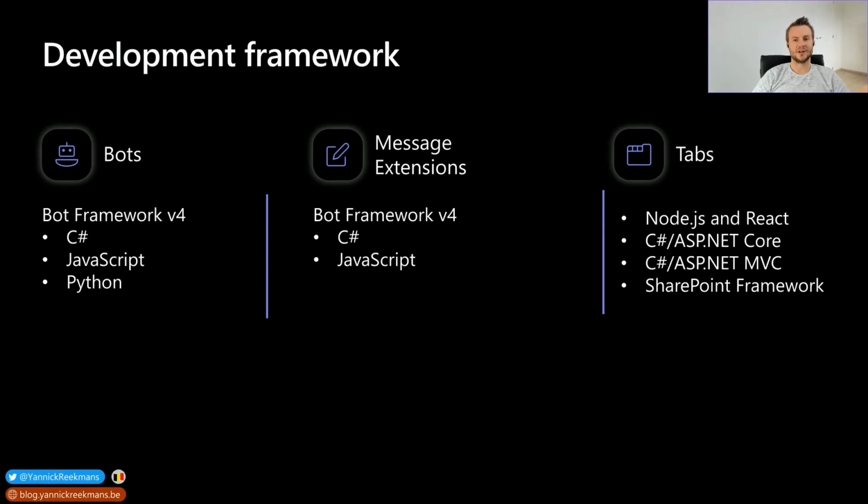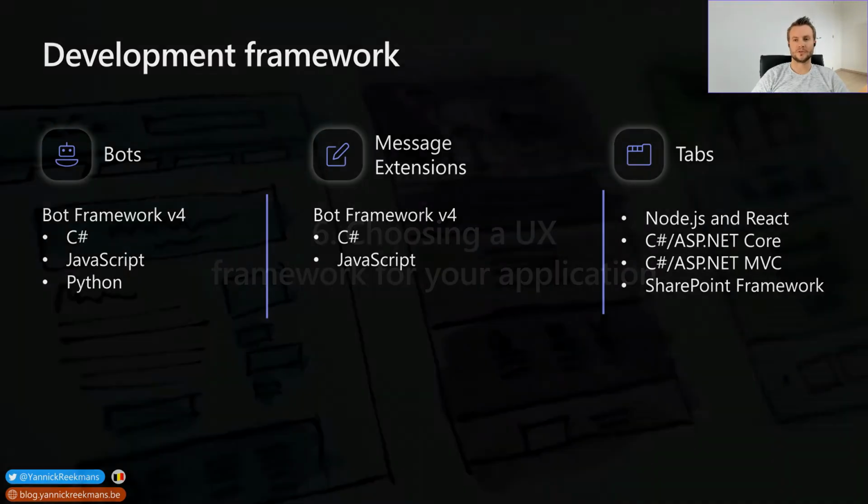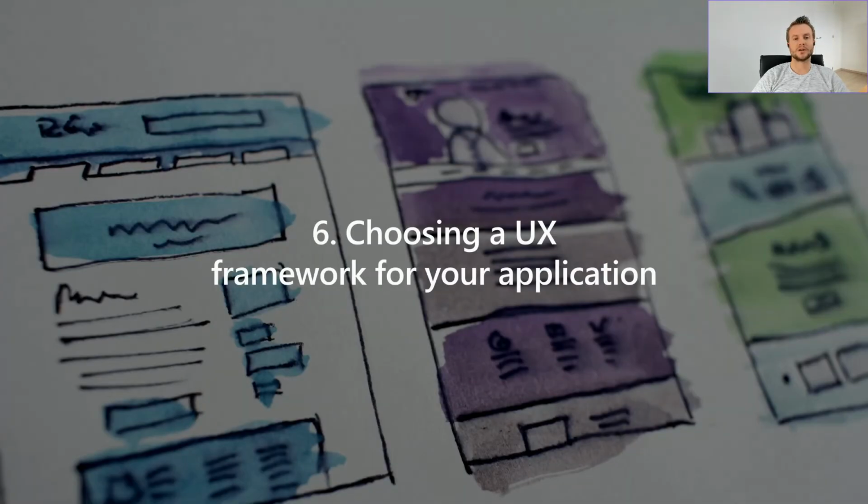Once you've picked a development framework to build your backend code, of course, you also have to pick a user experience framework for your application. This user experience framework also depends on the functionality or the accessibility point where you want to use or what you want to build for your application.